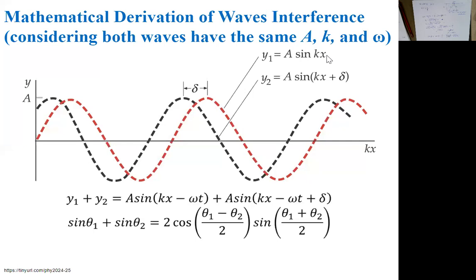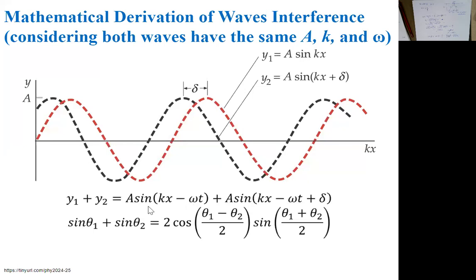So at different time, different location, you'll see wave differently. So for the time dependent term, it's minus omega t. Omega is equal to 2 pi times frequency, called angular frequency.